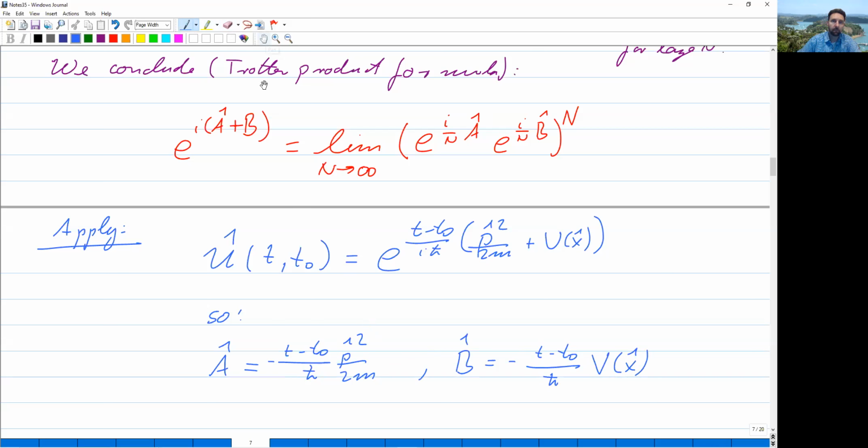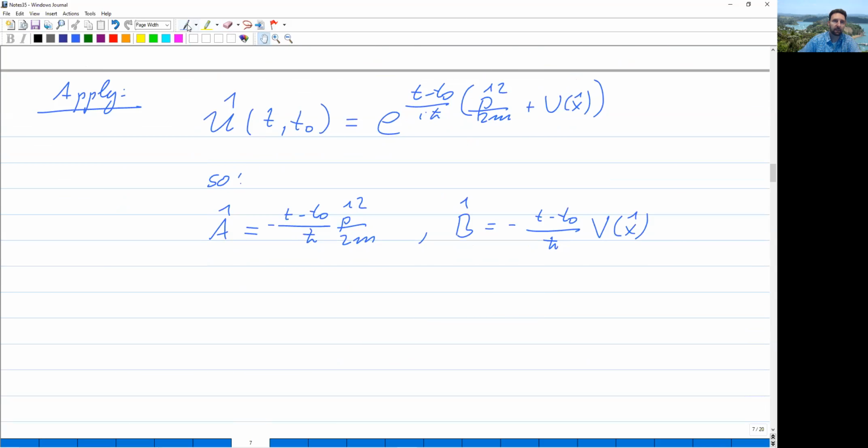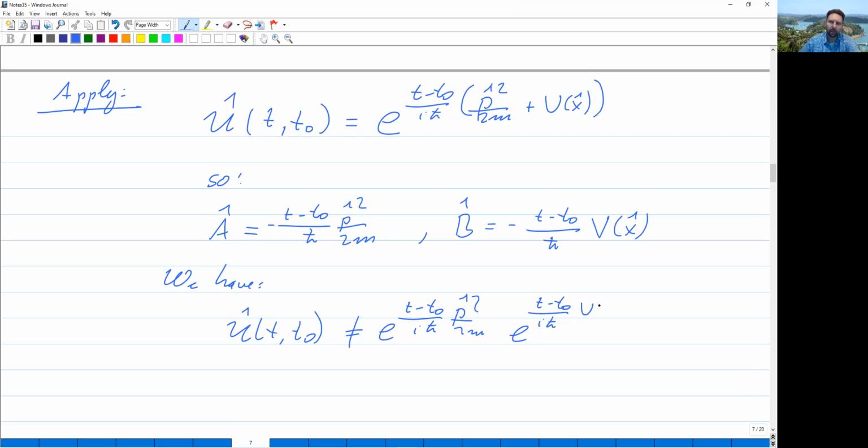And then we have that û of t and t naught is not equal to e to the power of (t minus t naught) over i h bar p hat squared over 2m times e to the power of (t minus t naught) over i h bar v of x hat, which is what you could easily handle if it were true.